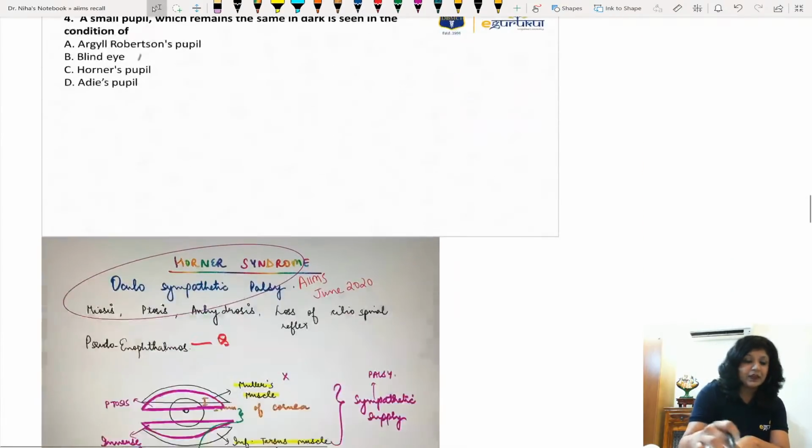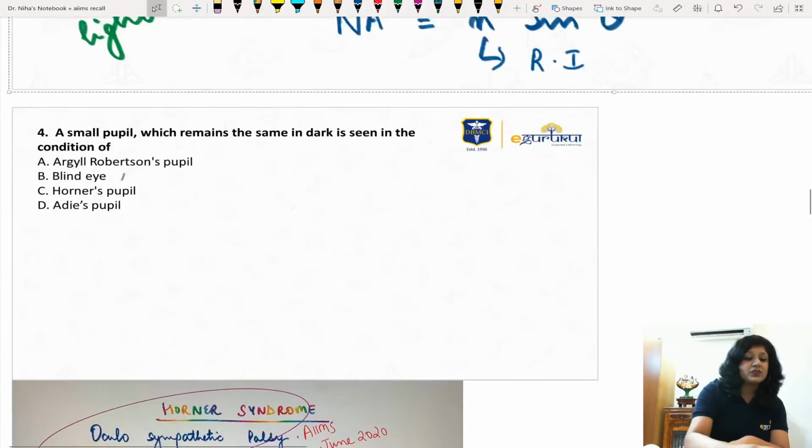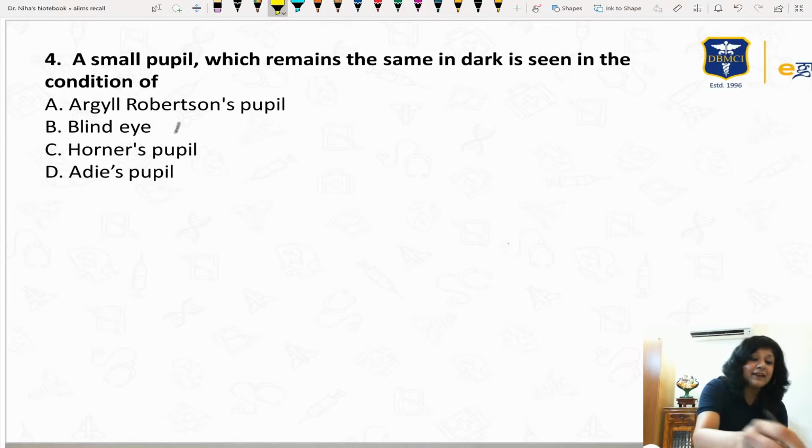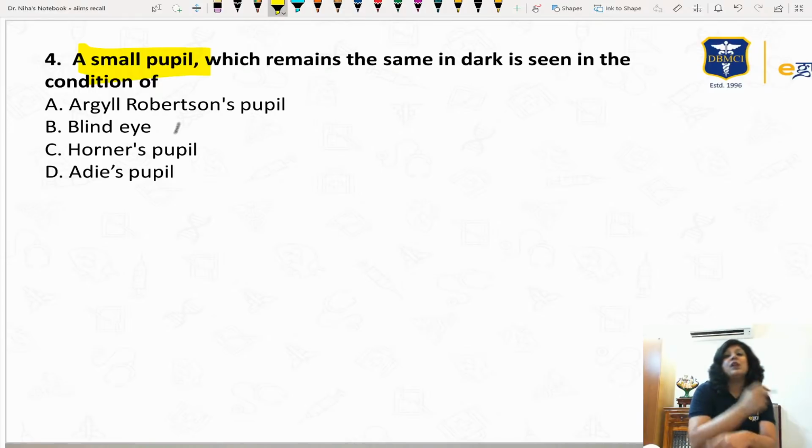Okay, now coming to the next question. A small pupil which remains the same in the dark is seen in the condition of. So I think the first important thing here is that this pupil is small. If you look at the options, we have Argyll Robertson pupil, the blind eye, the Horner's pupil, and Adie's pupil.